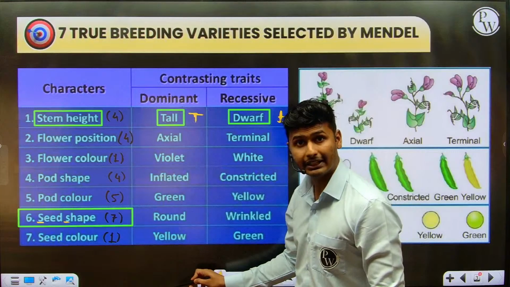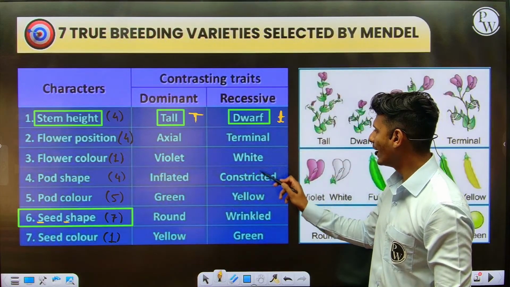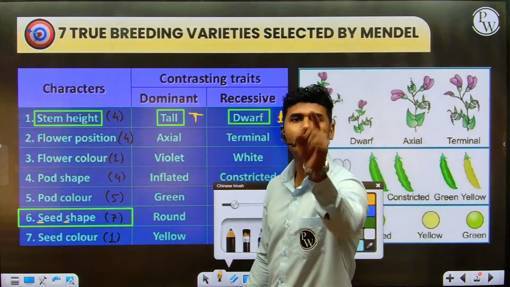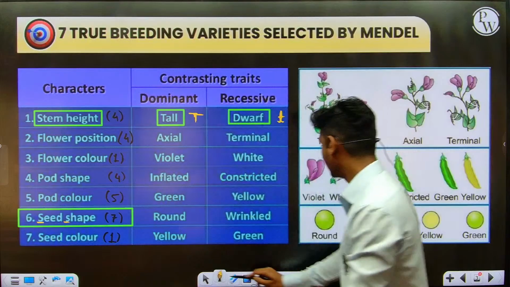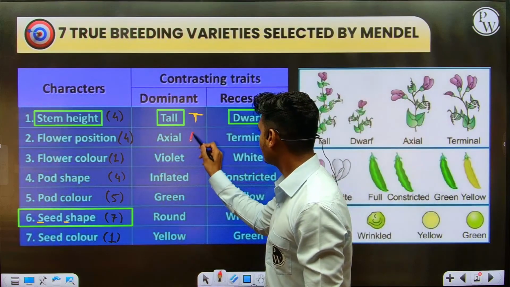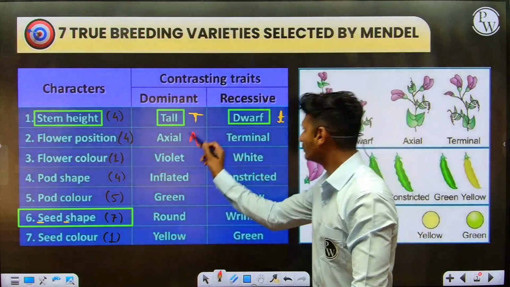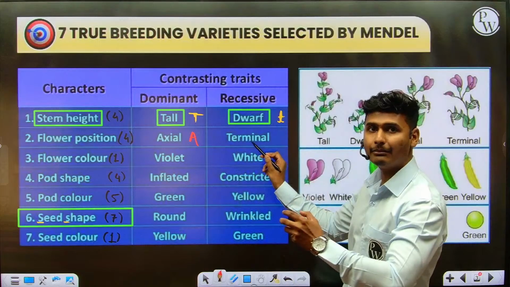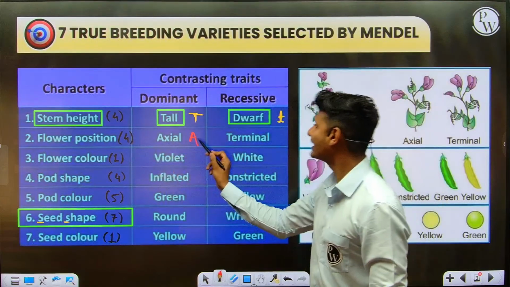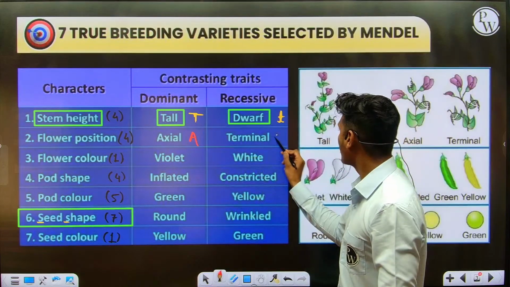And the recessive characters are dwarf, terminal, white, constricted, yellow, wrinkled and green. Always remember one thing: if we write the dominant character by a capital letter, then the recessive character is written by a small letter. For example, for flower position, axial is A, then terminal is not small t, it is small a.